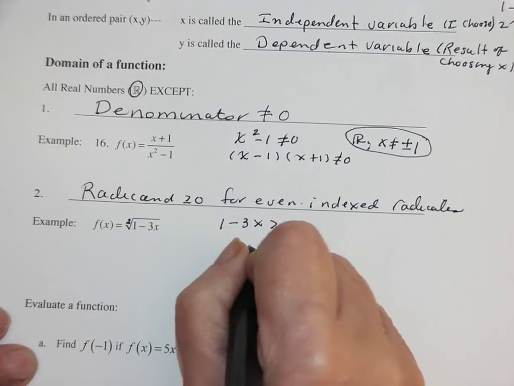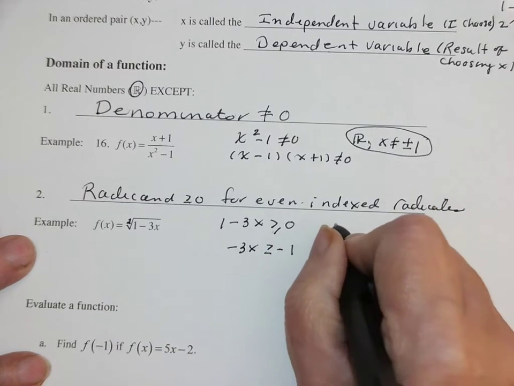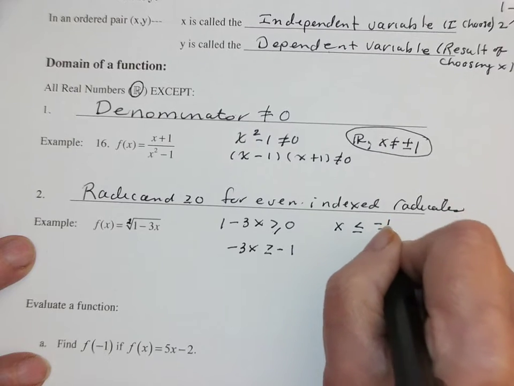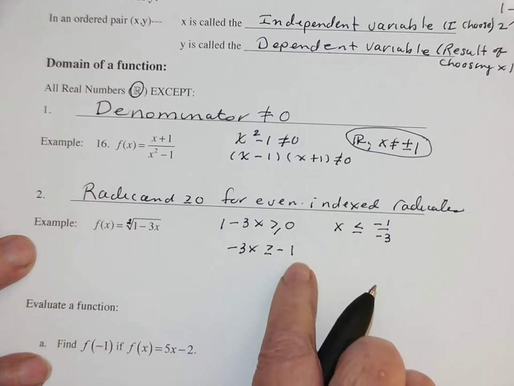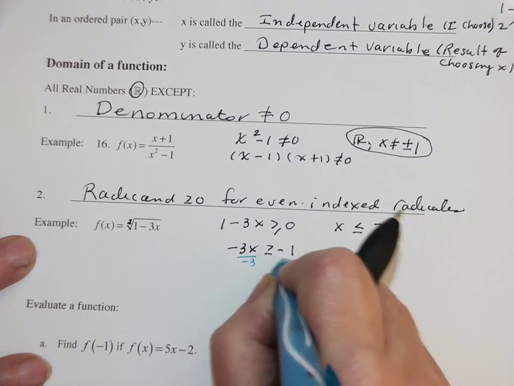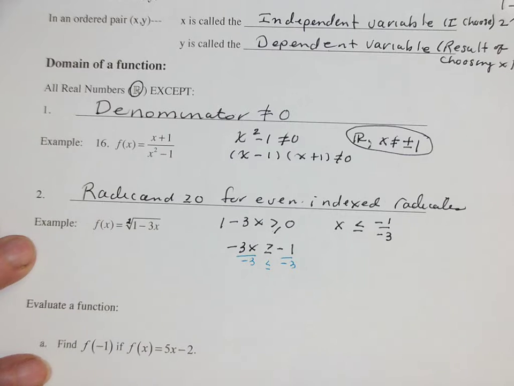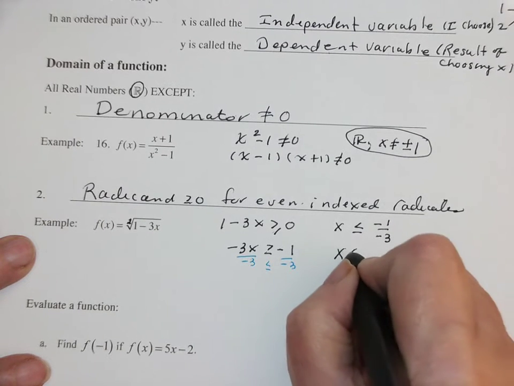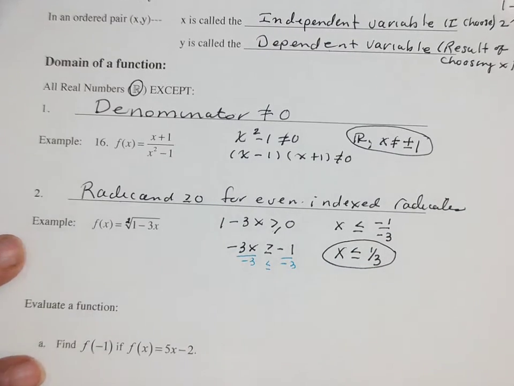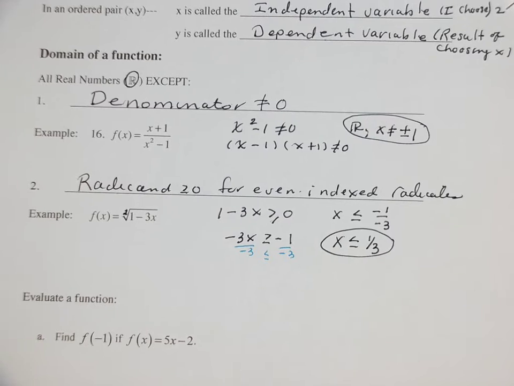Or negative 3x has to be greater than or equal to negative 1. Or x has to be less than or equal to negative 1 over negative 3. Remember, I'm dividing by a negative number. So when I divide both sides by that negative number, it reverses the direction of the inequality. Or x is less than or equal to 1/3. I can't put any numbers bigger than 1/3 in, otherwise it would be imaginary.